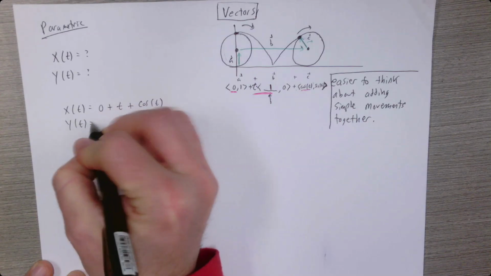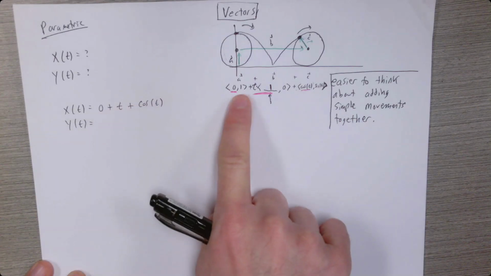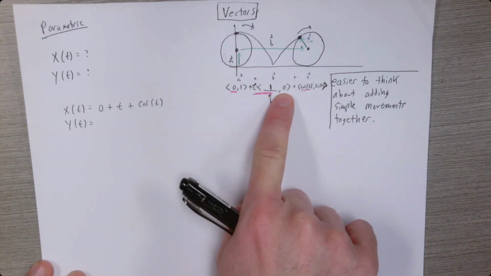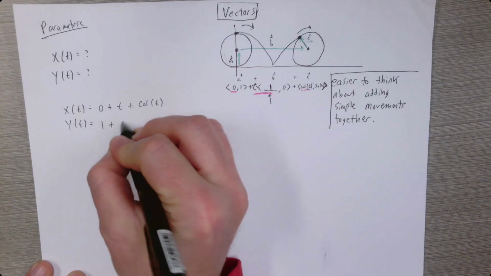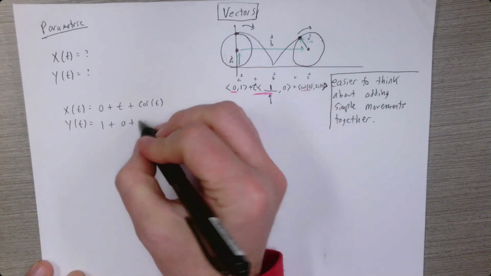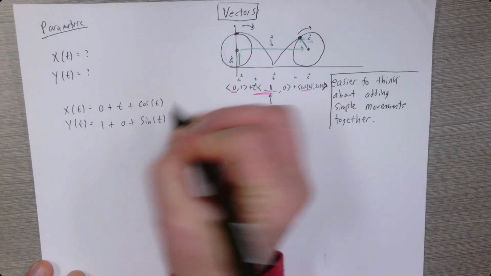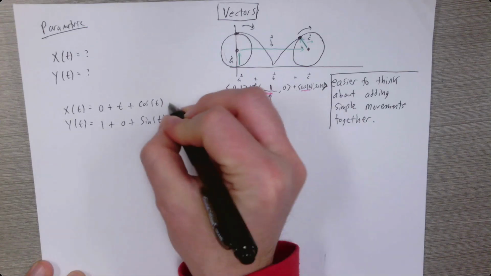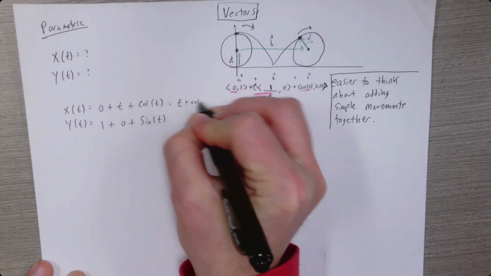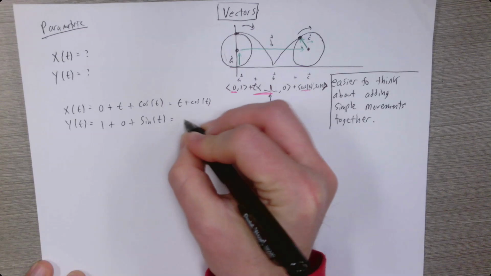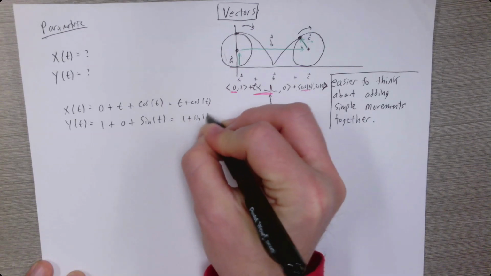Here for the y-coordinates, I've got 1 plus t times 0 is just 0, plus sine t. It's a little bit silly to write the plus zeros, so that's just t plus cosine t and 1 plus sine t.